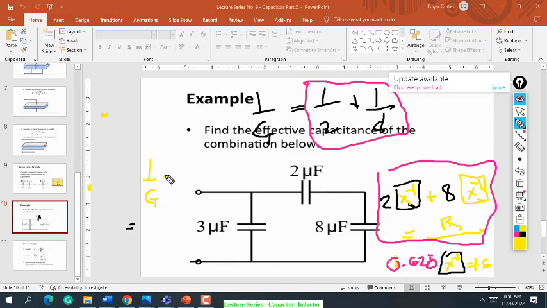So 1 half is 0.5. Plus 1 over 8. What is 1 over 8? 0.125. So, 0.125 plus 0.5, what is that? 0.625.